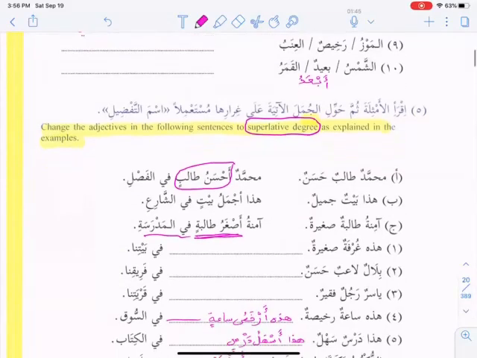Now, how will you say this, my brother? Hazihi gurfatu sagirun fil baytina. I will write down one. Hazihi asgaru gurfatin fi baytina.